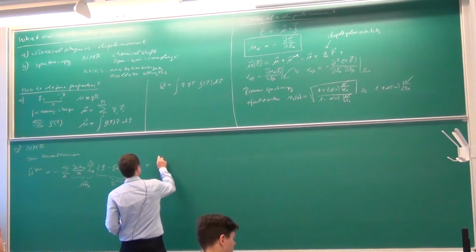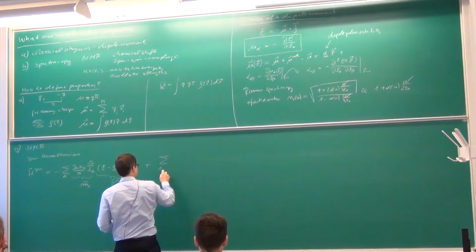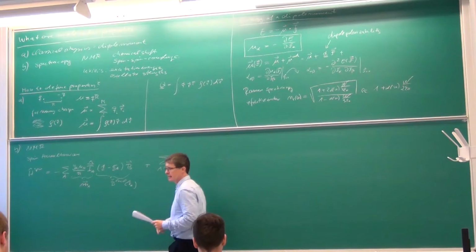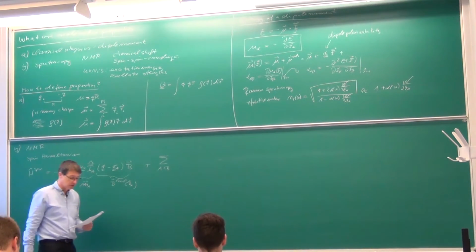So we get an extra contribution, a sum over all the nuclei A and B, the other ones. And again, there's this A smaller than B, because you only want to have each interaction counted once.